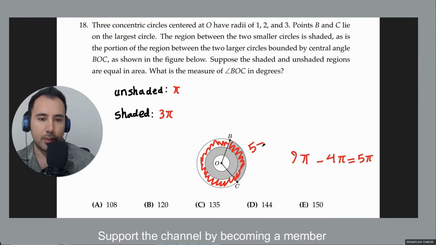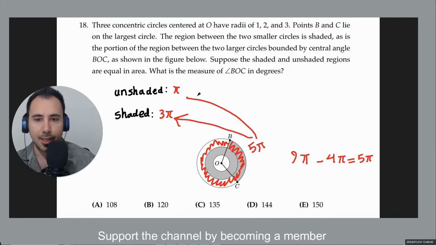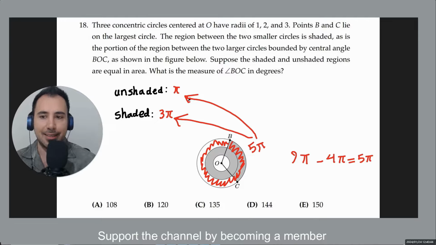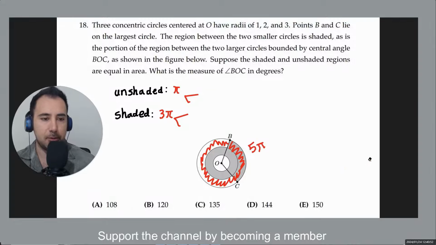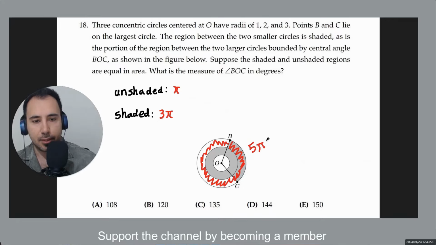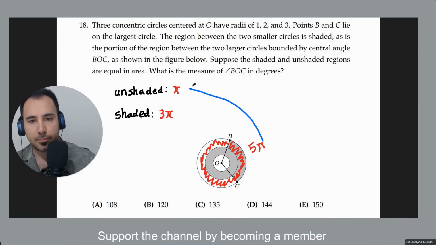So we're going to imagine we cut this 5 pi and give it to these two groups. When we do that, they need to be the same, right? They need to be equal. So let's go. I have this 5 pi over here. Let's give, for example, 3 pi to this.